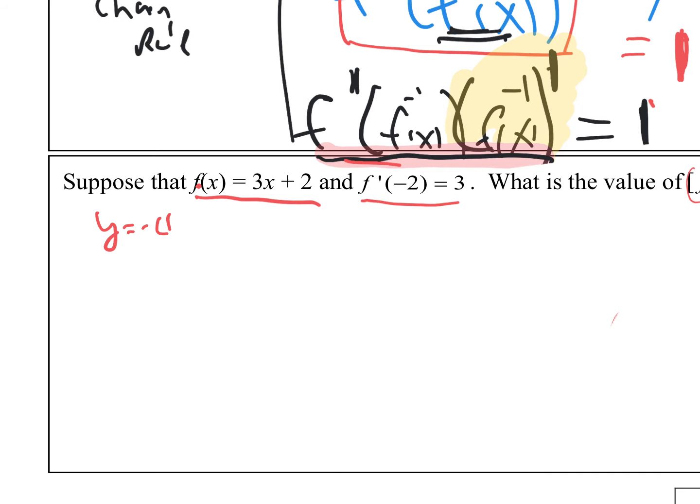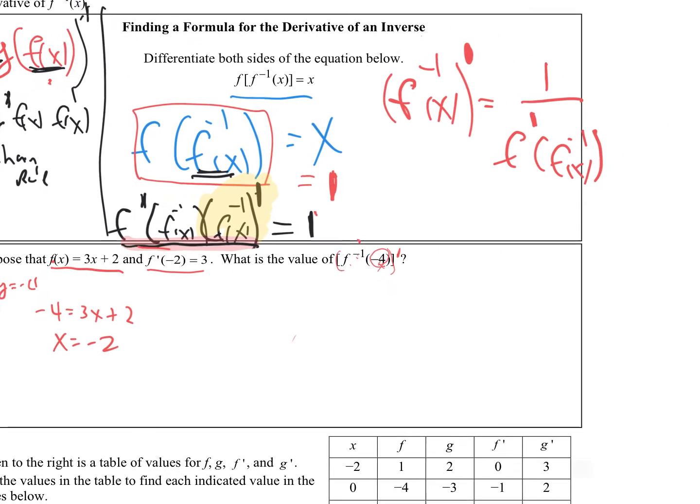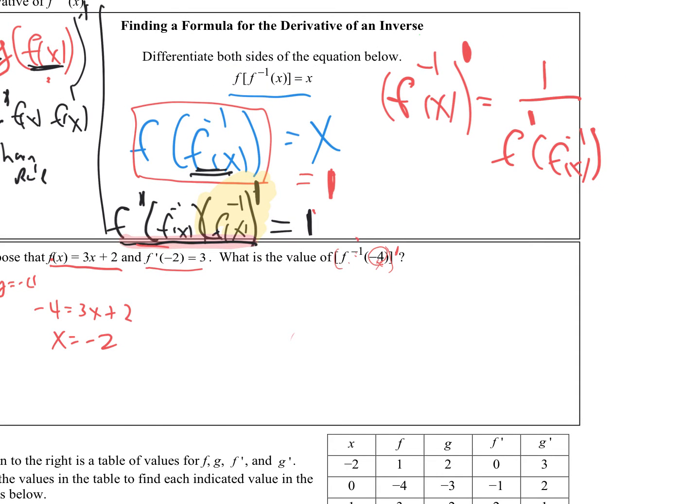So when I plug the y in, I get -4 equals 3x plus 2. You're going to see why I need to know what x has to be. Please solve this for x. What do we get? x equals -2. Now that may not mean anything to you at this moment, but remember the definition of the derivative.